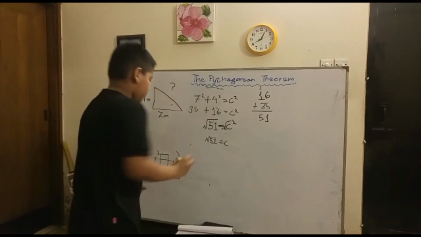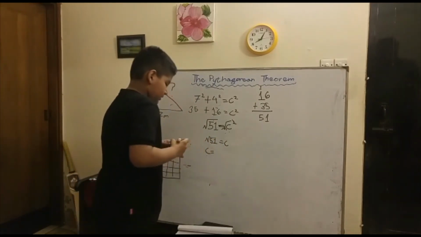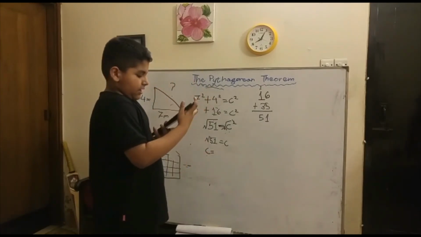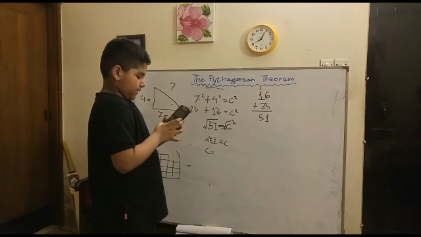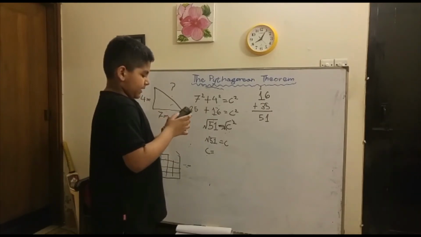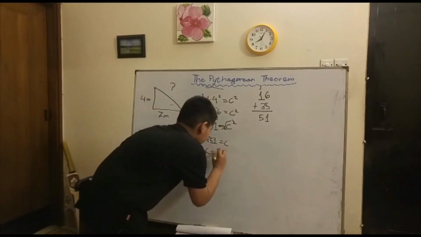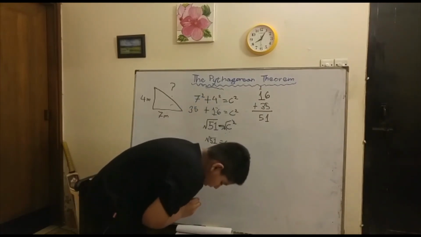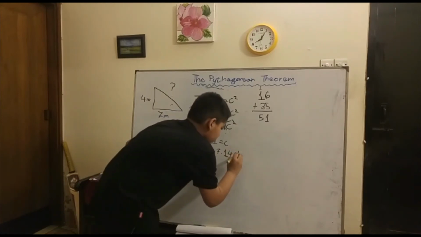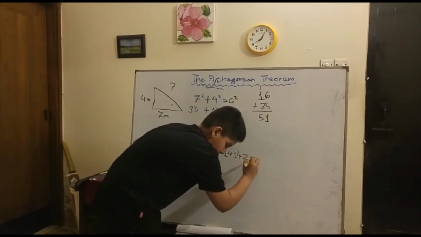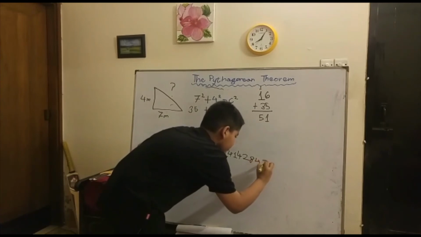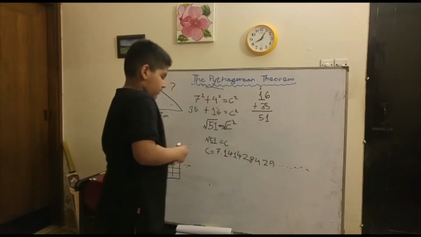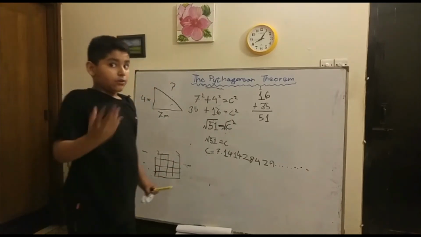But if you need to, you can simply use your scientific calculator, plug in the number, and I get 8.0622577, etc. And it keeps going on forever with no ending, no repeat.